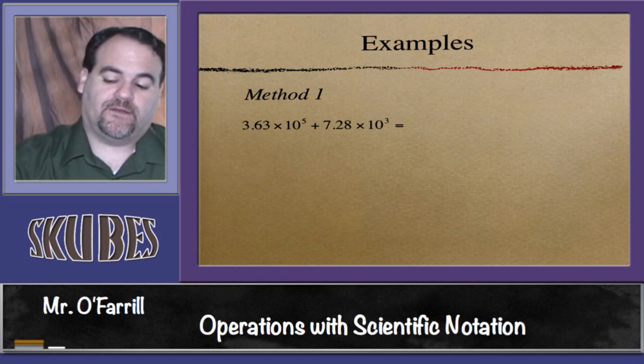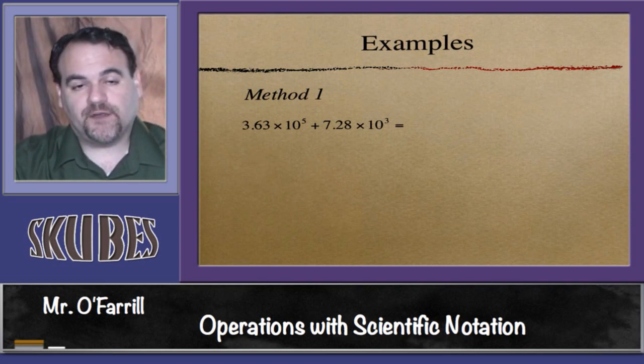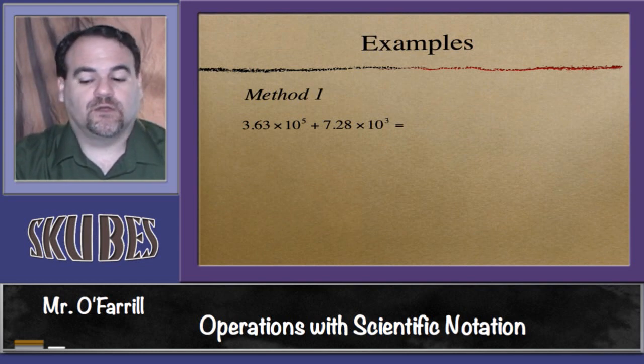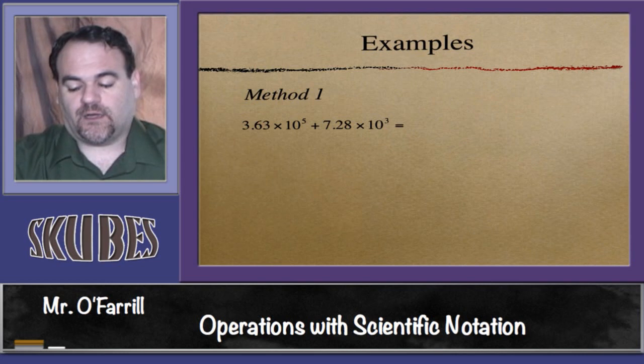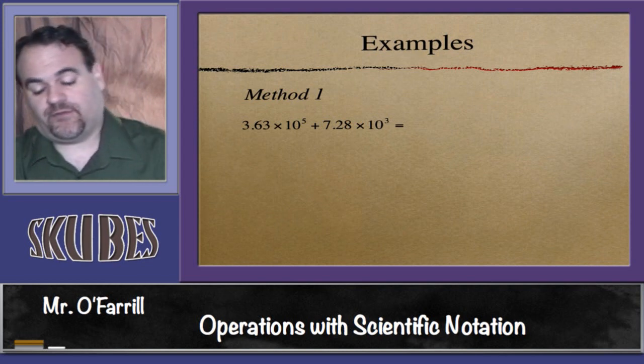The first method that I'm going to talk to you about is simply to convert the number from scientific notation back into a regular number. We have 3.63 times 10 to the fifth.